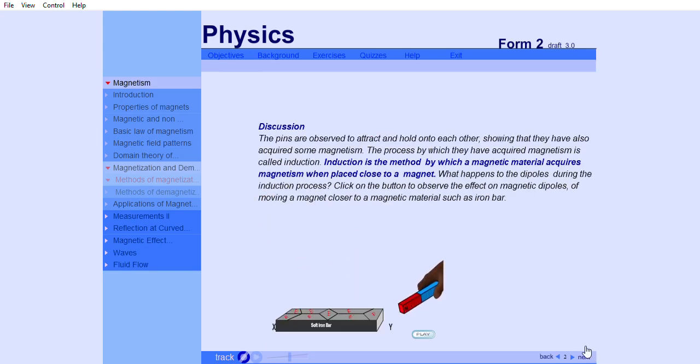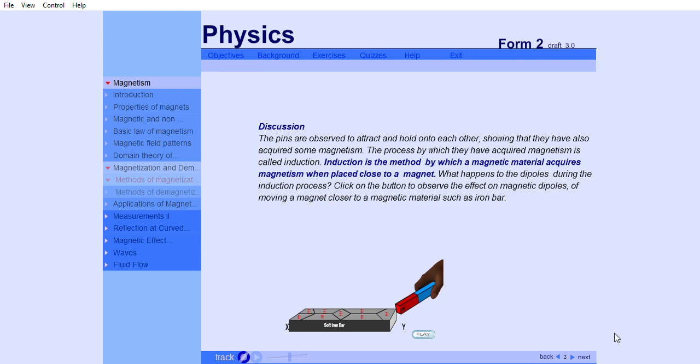The pins are observed to attract and hold each other, so they have also acquired some magnetism. The process by which the pins have acquired magnetism is called induction. Induction is a method whereby when a magnet is brought near a magnetic material, the latter acquires magnetism.